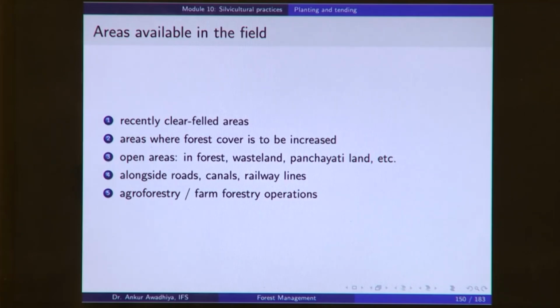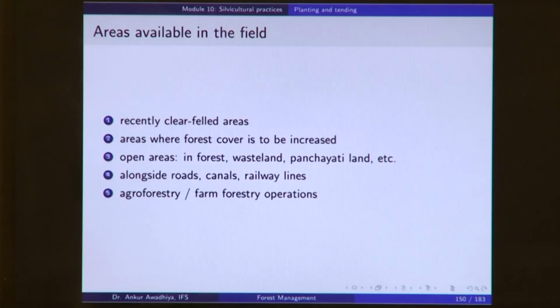Then there are certain areas where the forest cover is to be increased. So, here we talk about those areas where the density of the plants is less. The plants that are there in the forest are not utilizing the whole of the growing space.